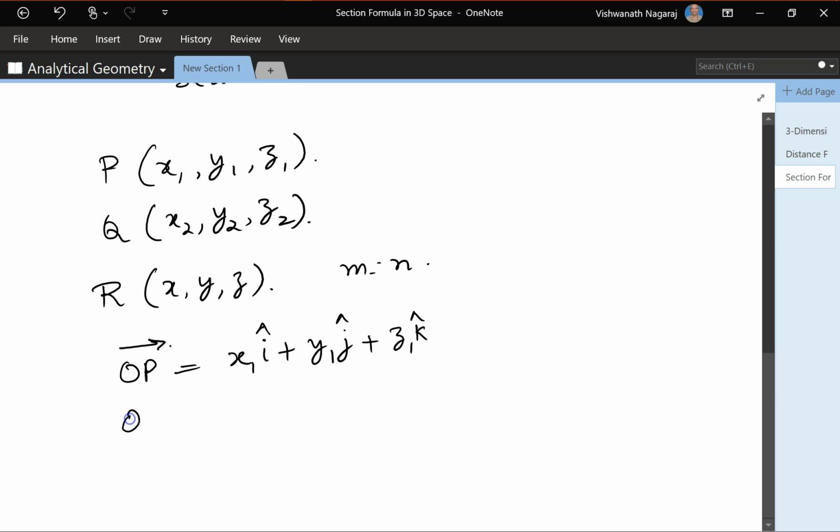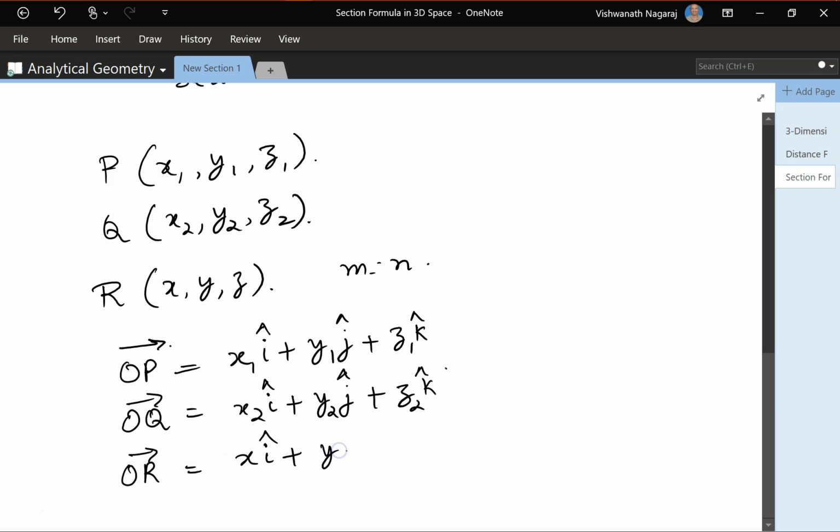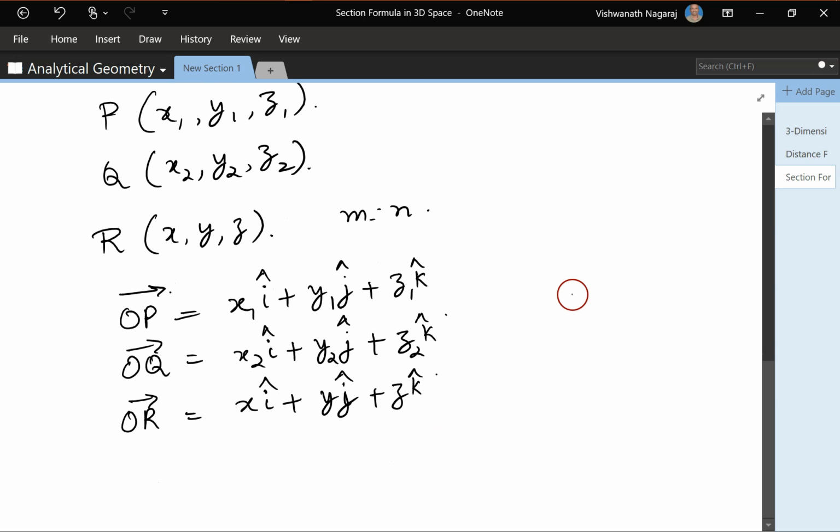Similarly, for Q, the position vector would be OQ is equal to x2i plus y2j plus z2k. And for R, the position vector would be OR is equal to xi plus yj plus zk.